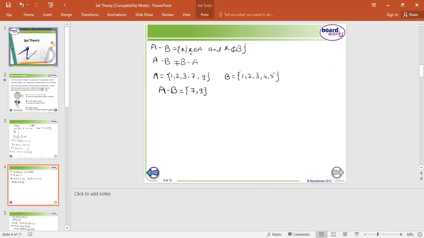Here you can see x belongs to A set, but does not belong to B. This is A minus B and B minus A.